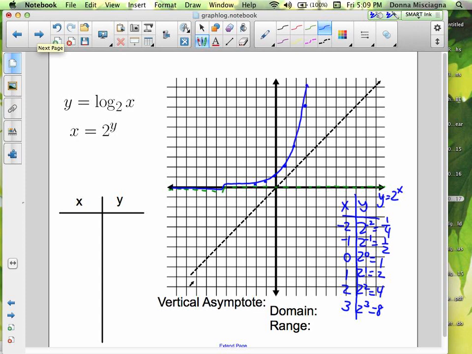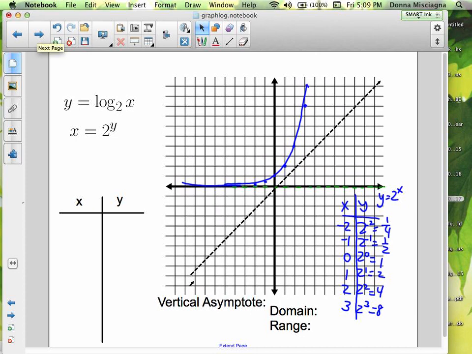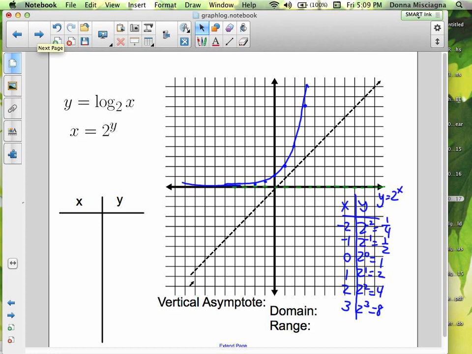Maybe the board is tired because I put the little glitch in there. So anyway, here's our graph of y equals 2 to the x. Let me see if I can fix that. How does that look? It doesn't look too bad. There we go. I'll take it.